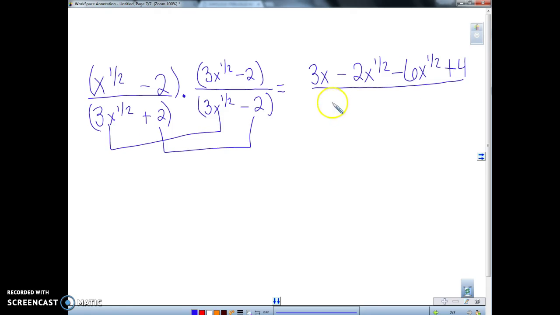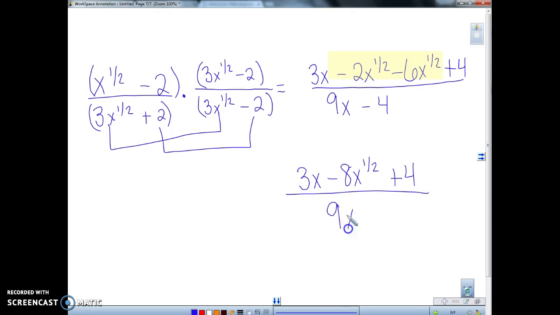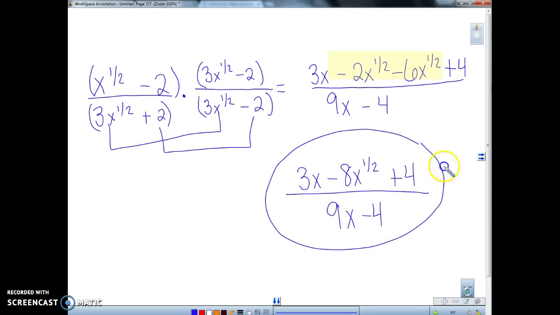So 3x to the 1/2 times 3x to the 1/2 is 9x. Positive 2 times negative 2 is negative 4. The only thing you have left to do is on the numerator to combine your like terms. 3x minus 8x to the 1/2 plus 4 all over 9x minus 4. And that would be your answer.